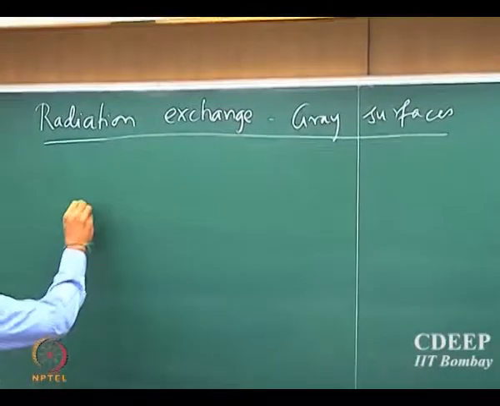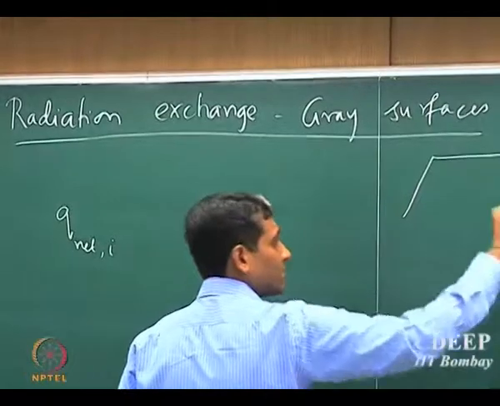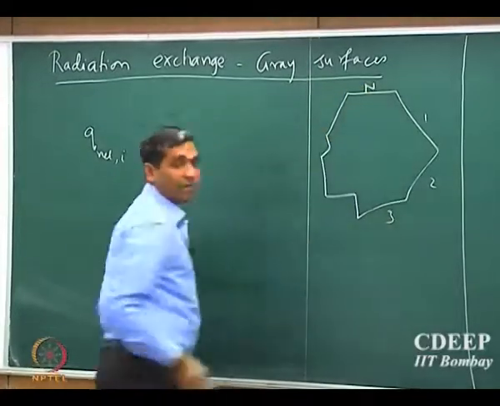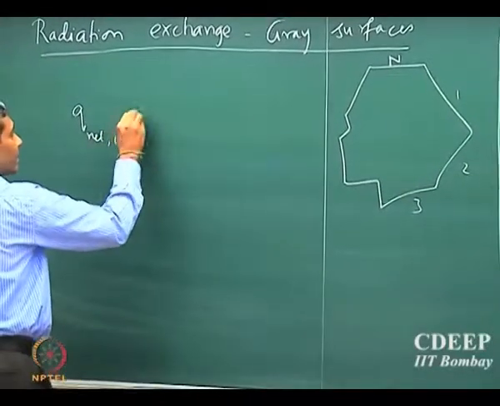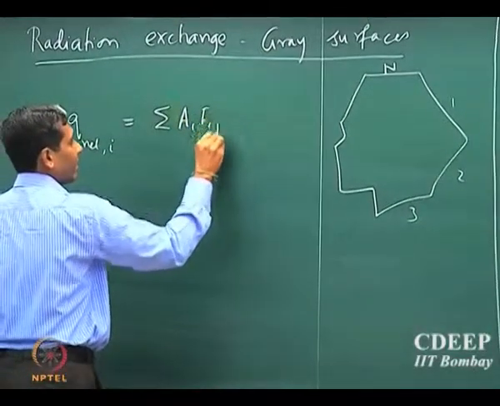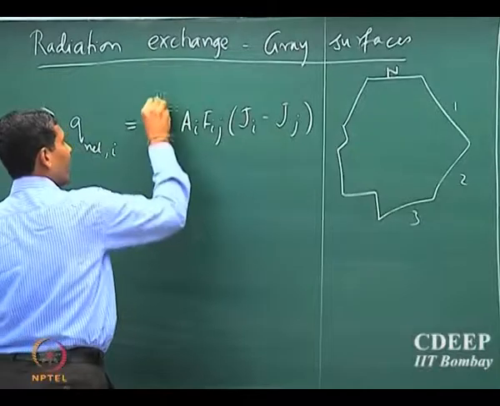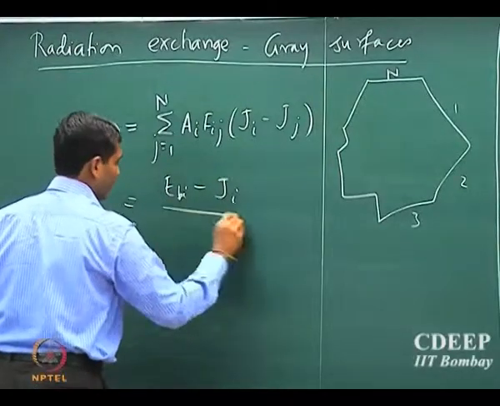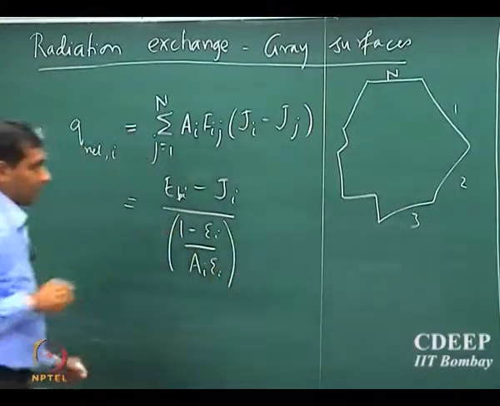We said that if we have an enclosure with n objects, n surfaces, each exchanging radiation with each other, then the net radiation exchange is given by the sum over all Ai Fij, j going from 1 to n, and that is also equal to (Ebi minus Ji) by (1 minus epsilon i) by (Ai epsilon i). Okay.